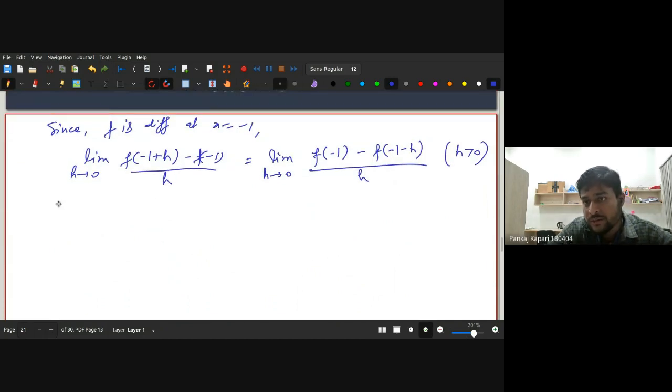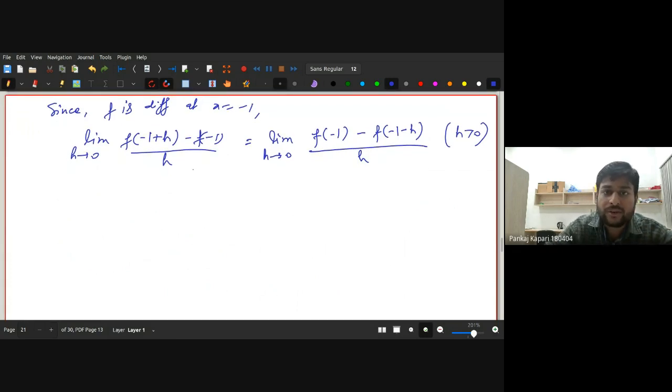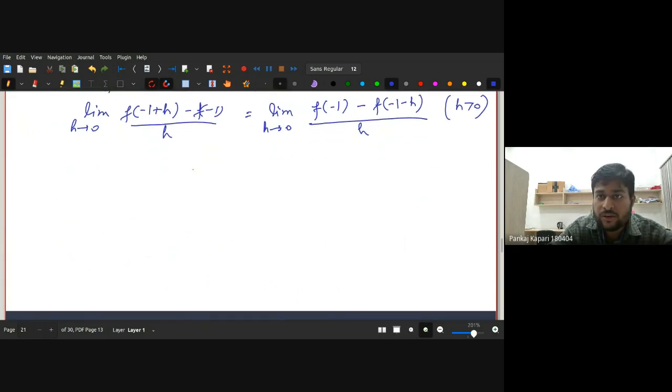Okay, first we'll find out the second limit. So limit h tends to 0, f of minus 1 minus f of minus 1 minus h, divided by h.